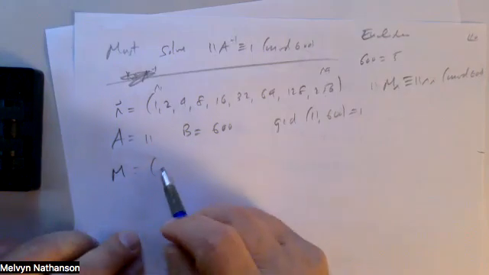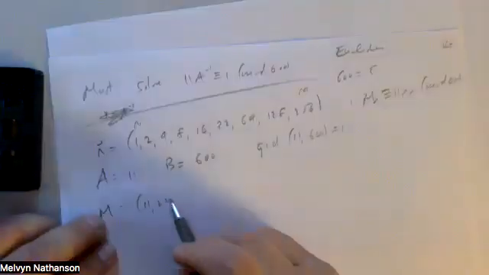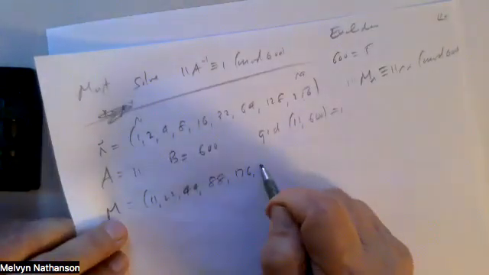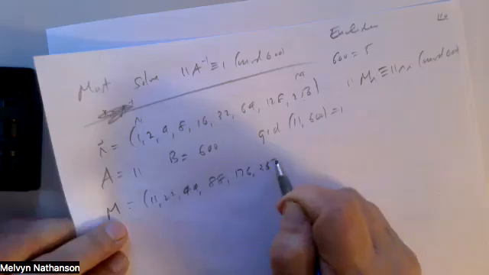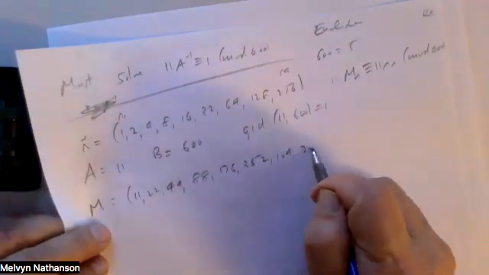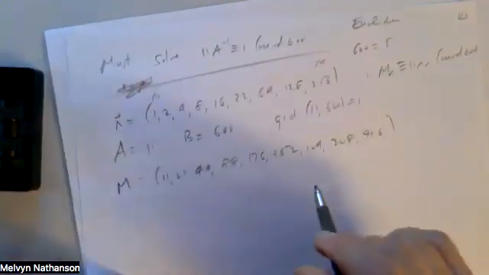So I get the numbers 11, 22, 44, 88, 176, 352, 104, 208, 416.